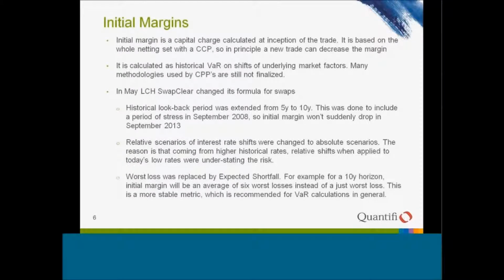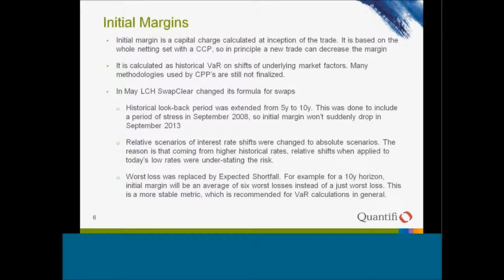The third change is actually a pretty benign change. Worst loss was replaced by expected shortfall. When you deal with historical VaR, you have to decide basically what percentile you define your VaR at. Is it 99%? So it was worst loss.